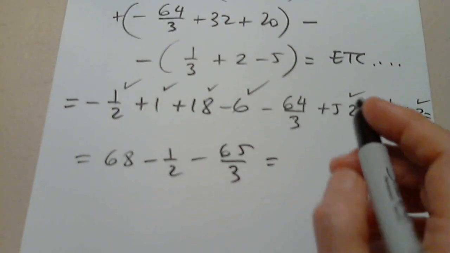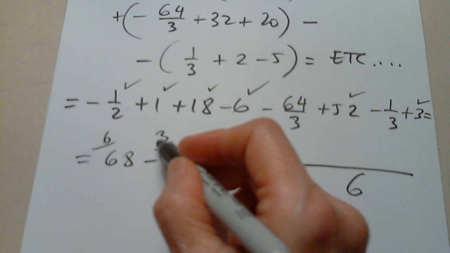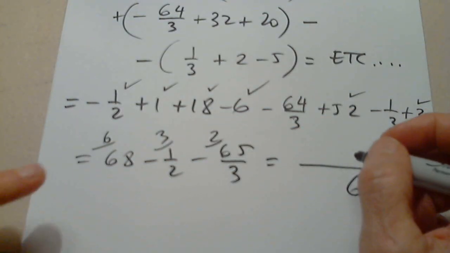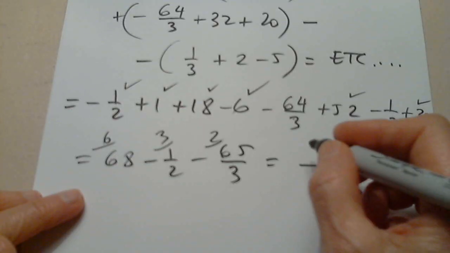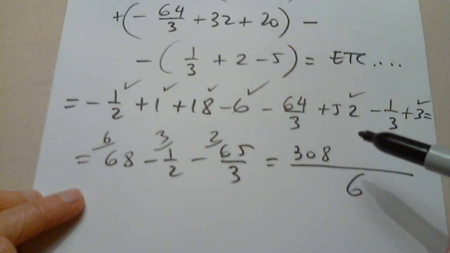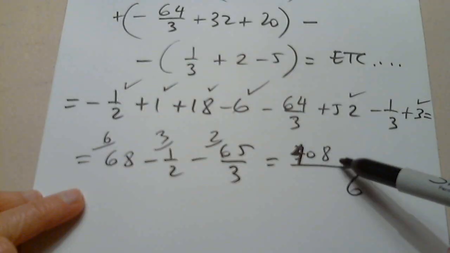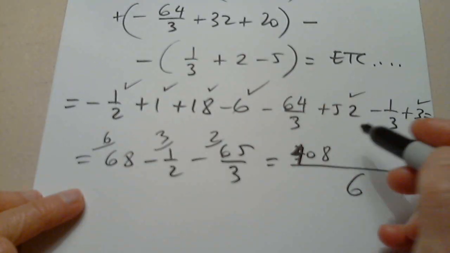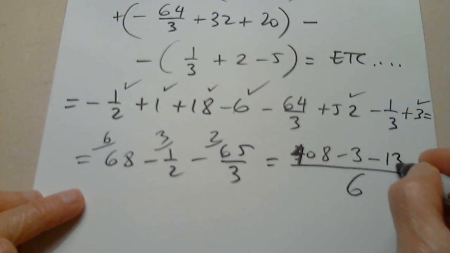Okay, so the least common denominator is 6. So I have 6, 3, and 2. 36, 40. Yes. Minus 3 minus 130.